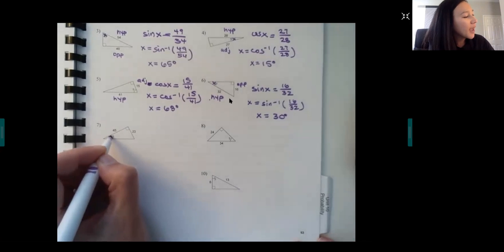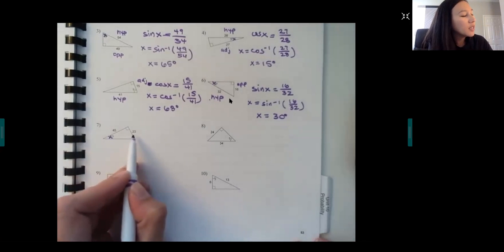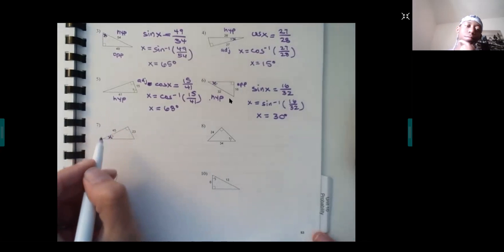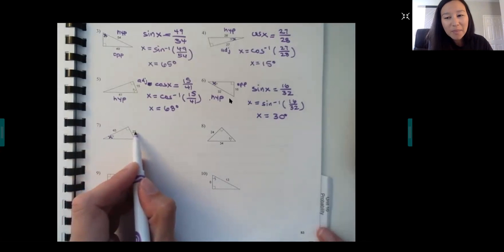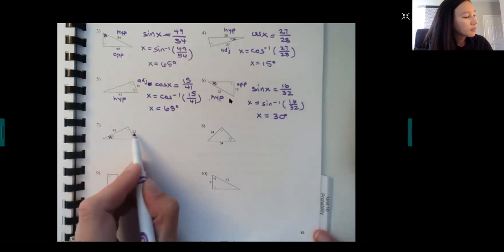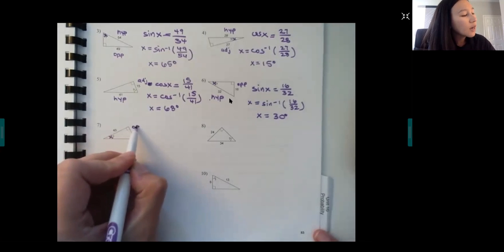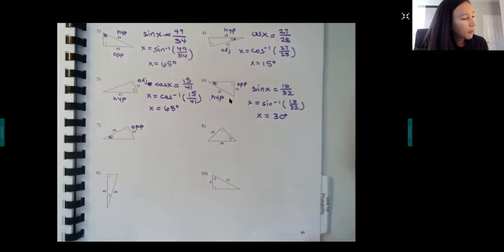Okay, no problem. So we have our angle. So Jaden, what is 23? Which side is that? That's the adjacent. So it's across from our angle. So if it's across, that might be where you're running into problems. Oh, if it's across, that's our opposite side.